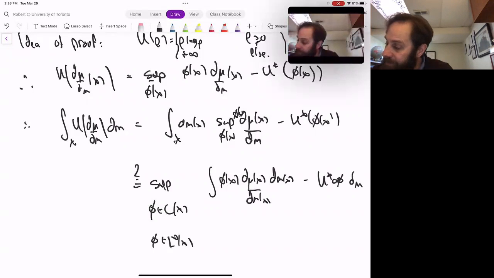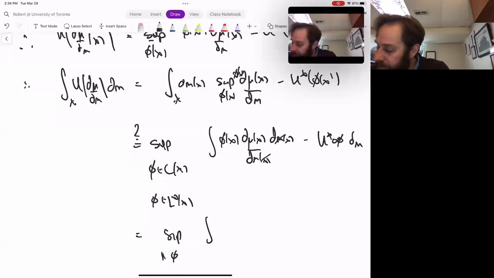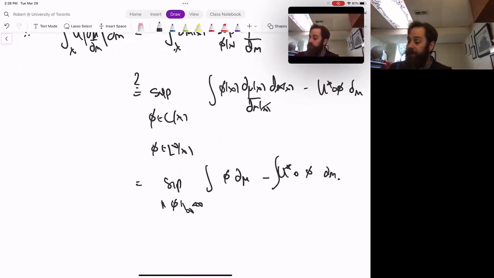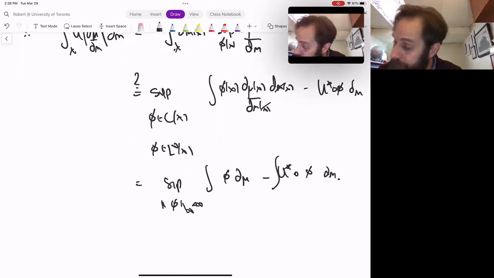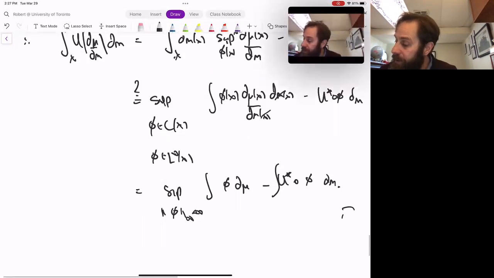And then basically these m's cancel out if you like. And so that's the supremum over phi, where the first integral is with respect to mu and the second integral is with respect to m. So apart from this question of interchanging the supremum with the integral, that's the proof.